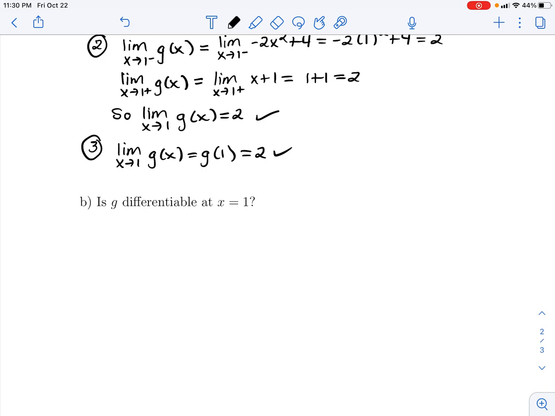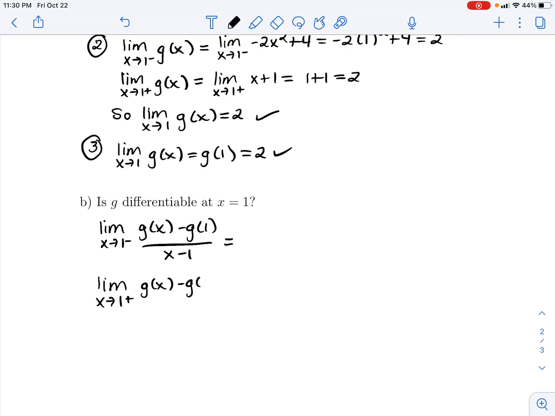So I'm going to set up these limits. I'm going to say the limit as x approaches 1 from the left of g of x minus g of 1 over x minus 1. I need to compute that limit, and then I need to compute the limit as x approaches 1 from the right of g of x minus g of 1 all over x minus 1.